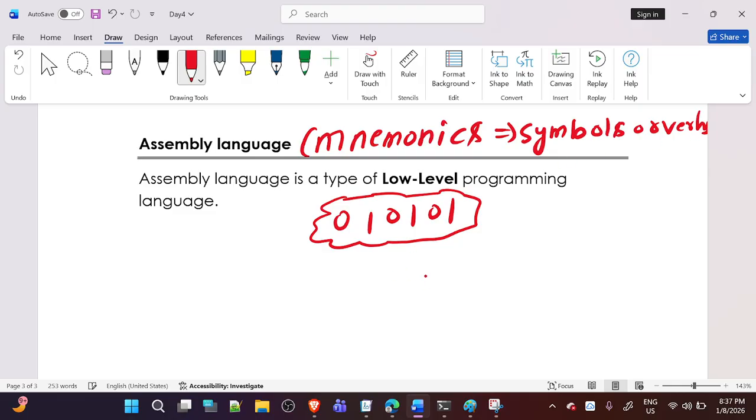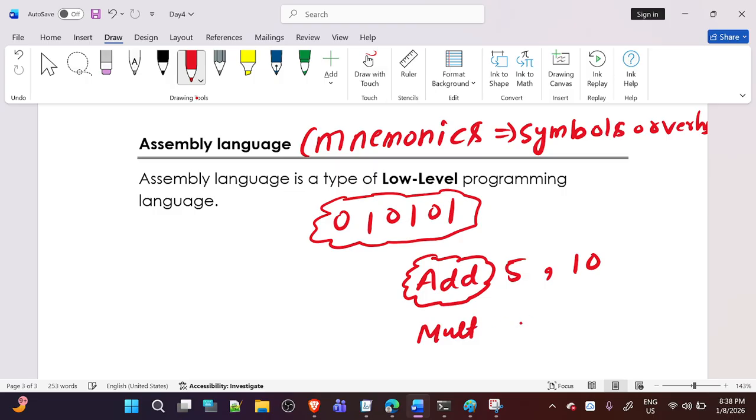For example, I am writing here add 5, 10. Here we are using some verb. I'm saying mult means multiply, multiply 2, 3. Here also I'm using a verb. If I'm saying 2 plus 5, 2 is not binary, 5 is not binary, plus is not binary. But here we are using symbols.